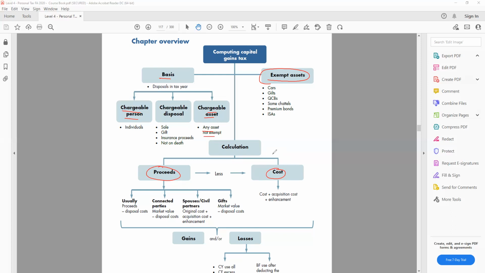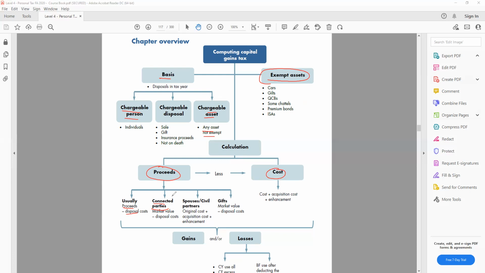Now also you have to see a few more things. This is a very simple calculation, that one: proceeds minus disposal cost. On top of that, we have some additional rules. The first one is called connected parties. Connected parties is all about when we sell the asset to some of our close relatives, for example, brother, sister.